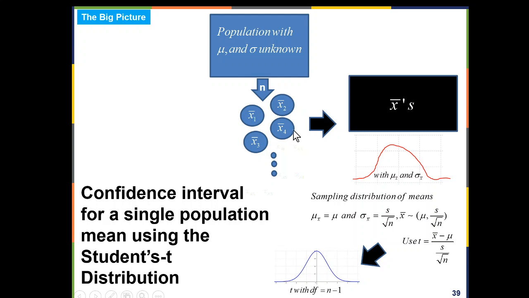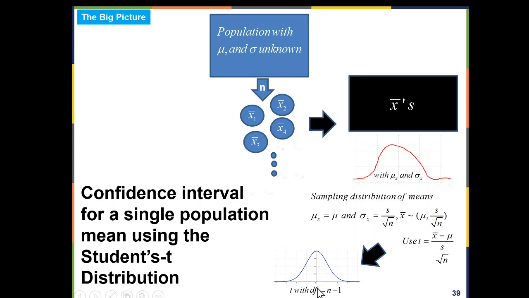So again, here's the big picture. Population with mu and sigma unknown. We take x bars, and then we convert x bars to t's right here. The t's make this distribution that we call t distribution with degrees of freedom of n minus 1, which is kind of a measure of the spread, but we don't call it the standard deviation.